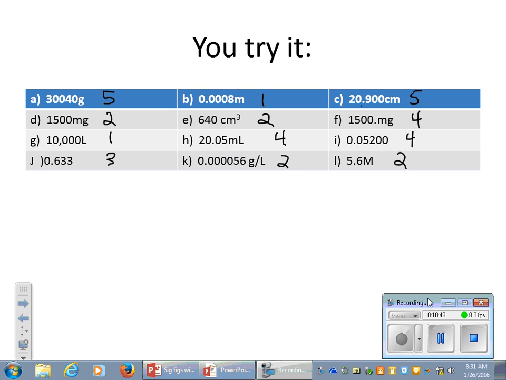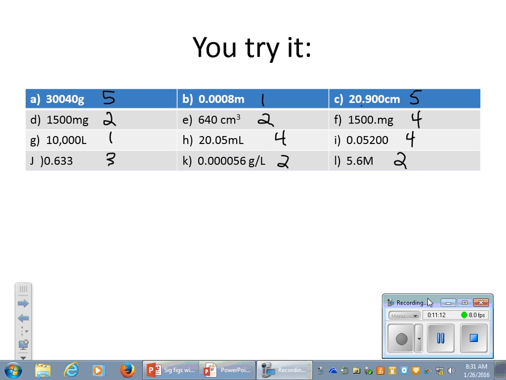Letter A, we have 2 captive zeros which are significant and a trailing zero with no decimal place, so it is insignificant. Letter B, we only have leading zeros which are always insignificant. Letter C, we have a captive zero and we have 2 trailing zeros with a decimal place, so those zeros are significant.